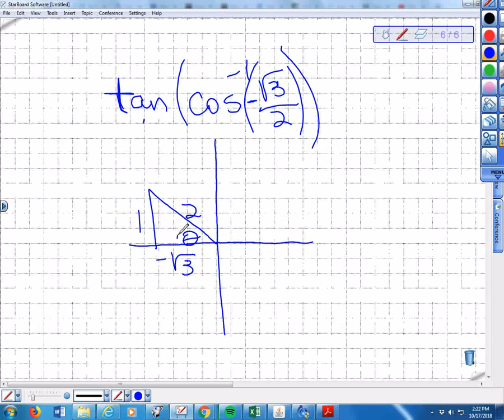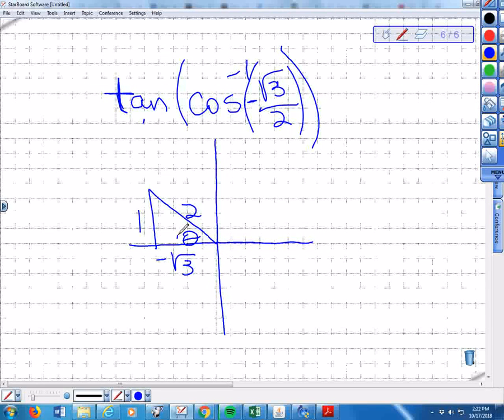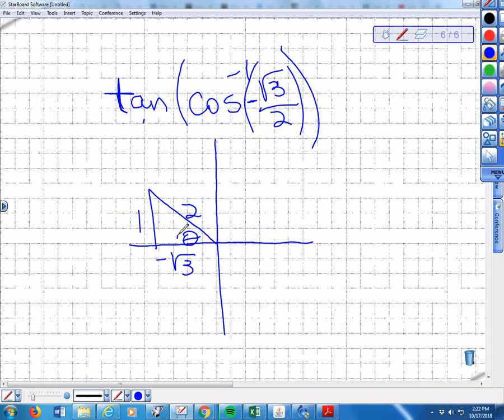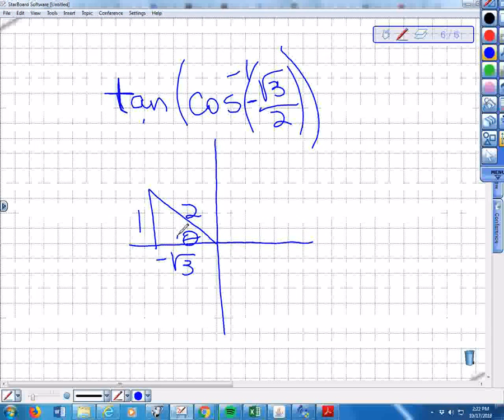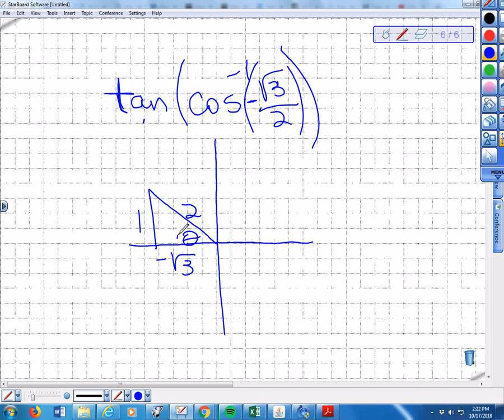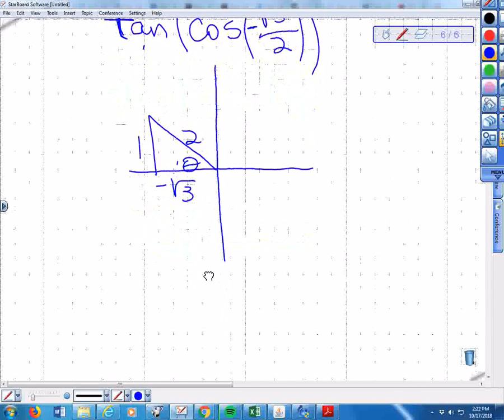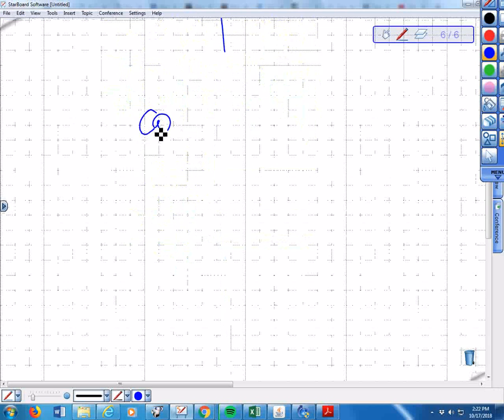Follow the process. Okay. So, because it's restricted from 0 to pi. What about, let's do sine.